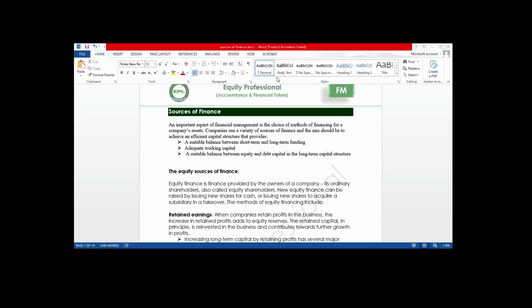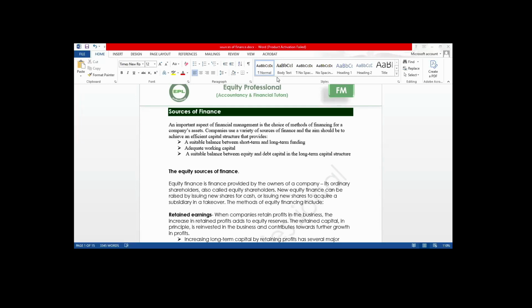At what point do we say a capital structure is efficient? Three conditions or three criteria must be satisfied for you to describe a capital structure as being efficient.